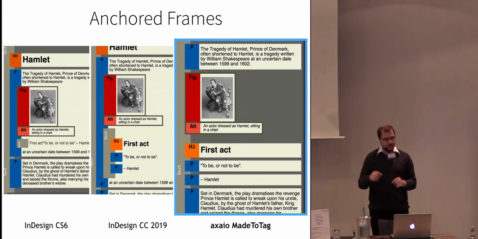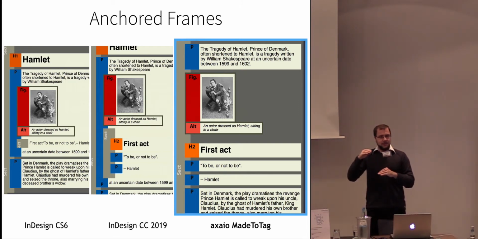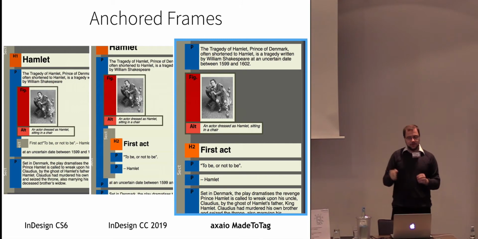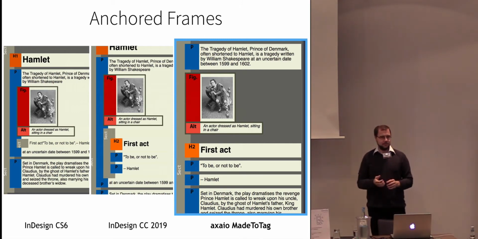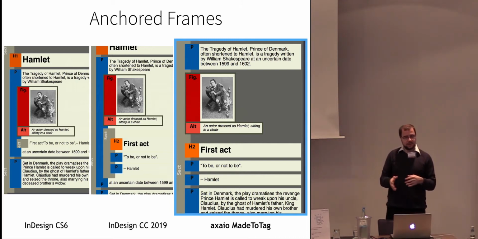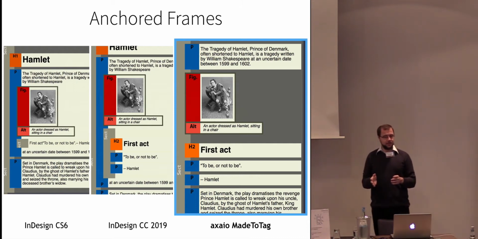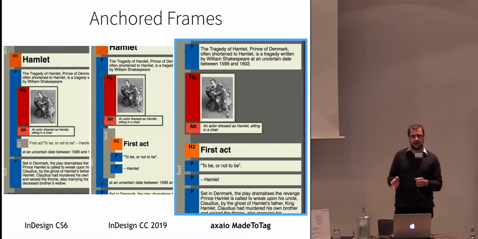And what we actually do is we move the content of the anchored frame to the end of the paragraph, and we also put it into the same structure. So InDesign does not do it wrong now, it does it differently. So just so that you know, you can choose optimize, reshuffle anchored frames in MadeToTag.